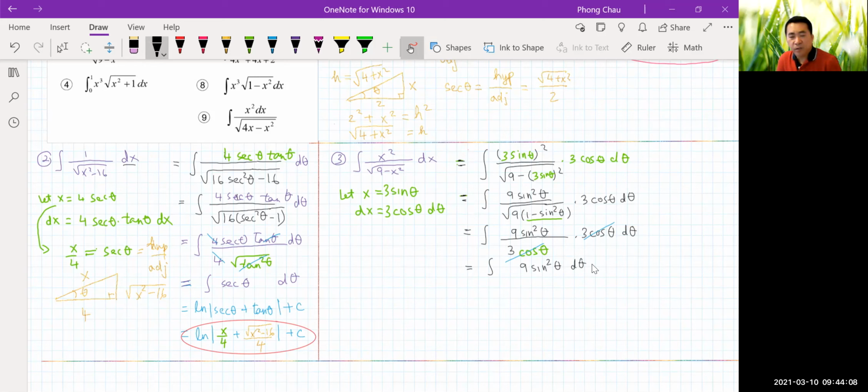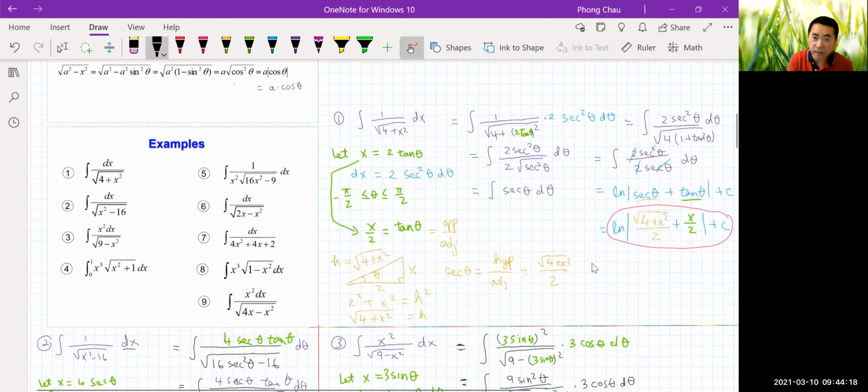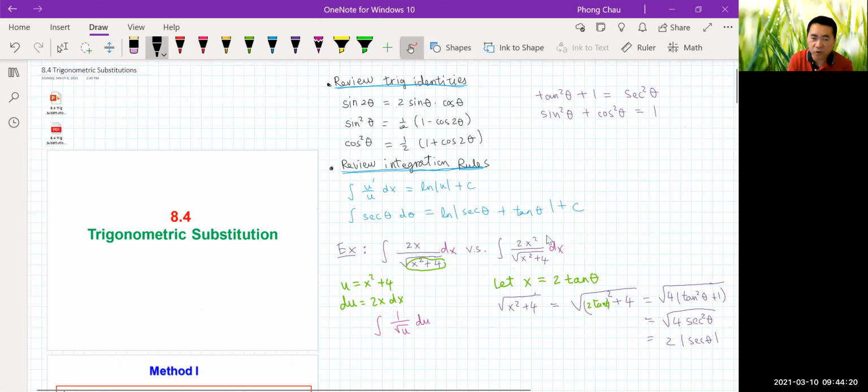All right, so how are we going to simplify this? Well, we only have sine, right? We don't have cosine. That means we cannot use substitution. And if we cannot use substitution, we use a trig identity. So what trig identity are we using? You see this one that I told you to remember. Again, that one is super important.